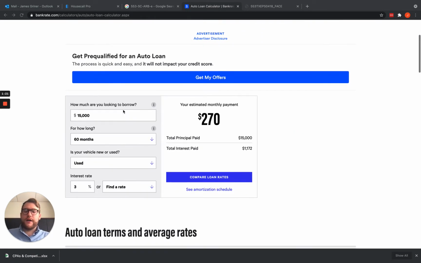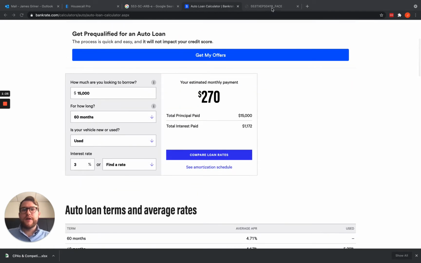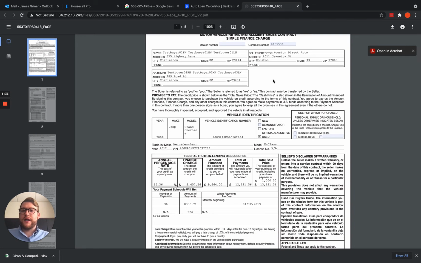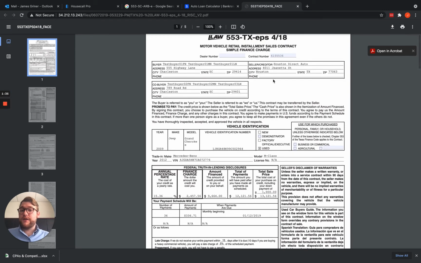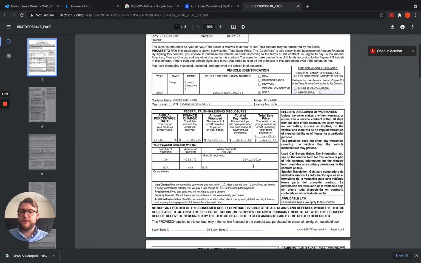Okay guys, so I have gone ahead and pulled up an auto loan calculator, and over here I have a 553, which is what should come almost any time you buy a vehicle. Anytime you buy a vehicle, you should always get something like this, and we want to have this exact stuff every single time, whether it's a new vehicle or a used vehicle.